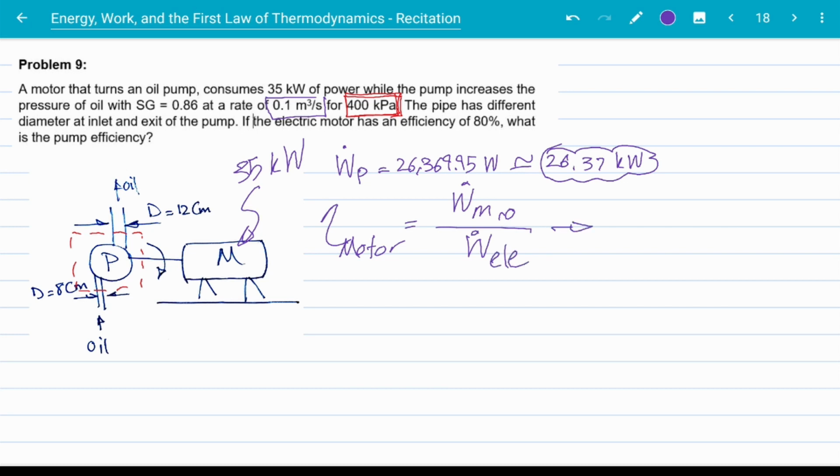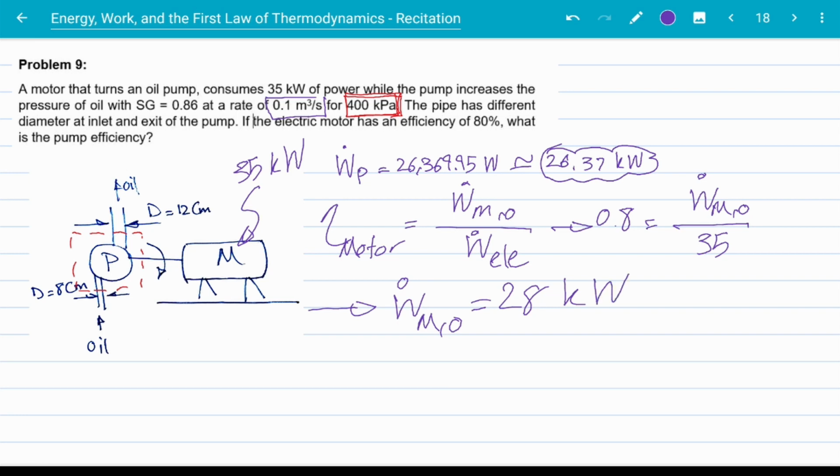We know that the efficiency is 80%, so 0.8 is equal to the output power of the motor over 35 kilowatts of electric power. Doing the calculations, we get that the power output of the motor is 28 kilowatts. So 28 kilowatts of power is delivered to the pump.